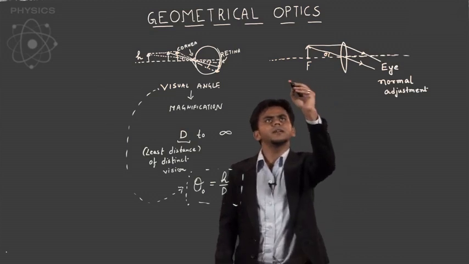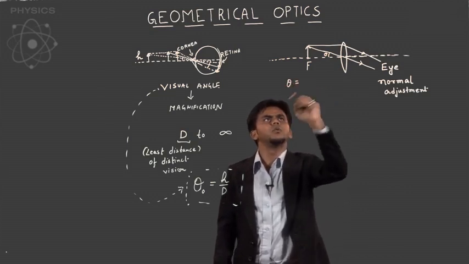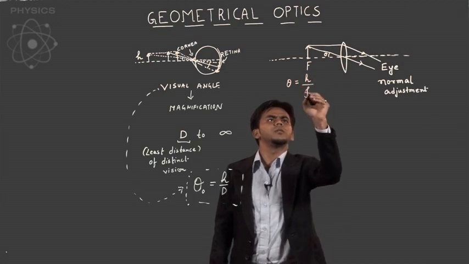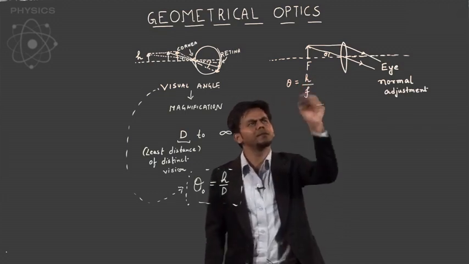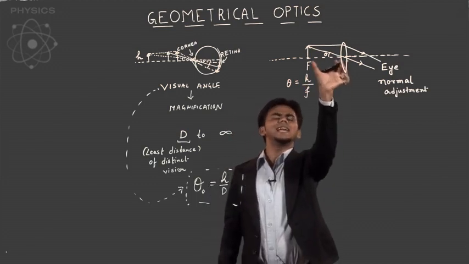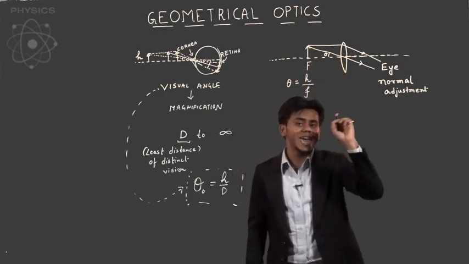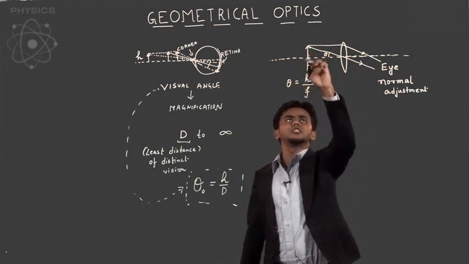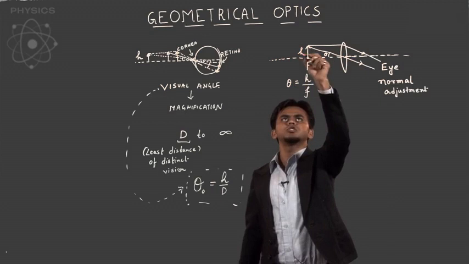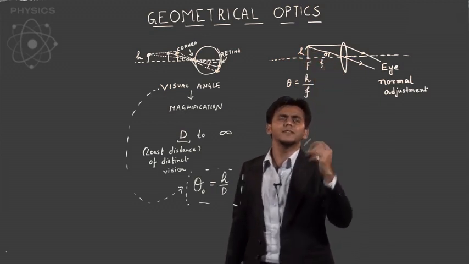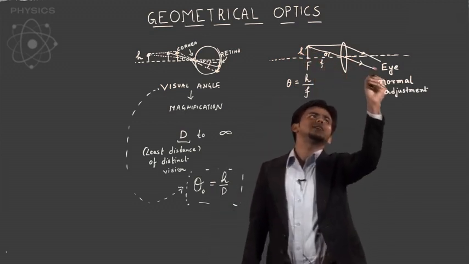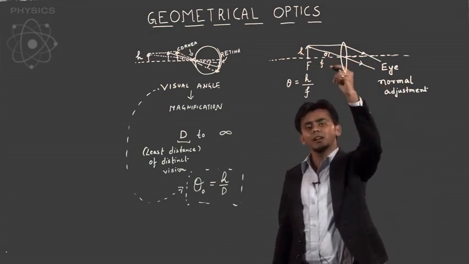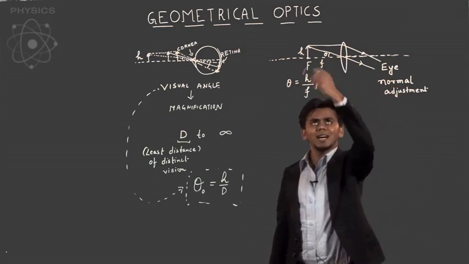This theta is equal to h upon f. Why? Because this length is the focal length, which is f, and in this right angle triangle, this is h and this is f. The same angle would be going to your eye. So this is the visual angle perceived by the eye at this position.